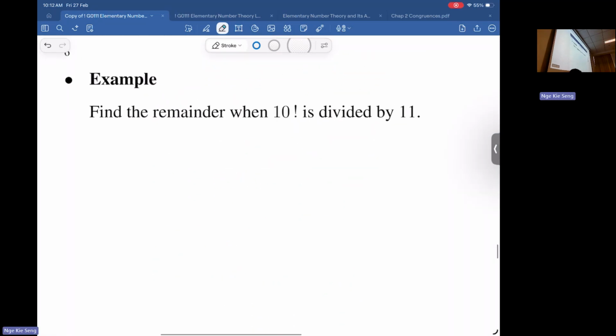All right, so next example. Try and find the remainder when 10 factorial is divided by 11. I guess this number doesn't appear in your calculator. Can you try clicking 10 factorial on your calculator?